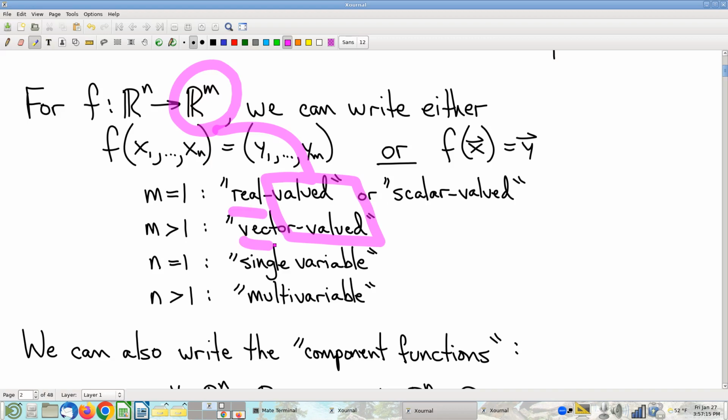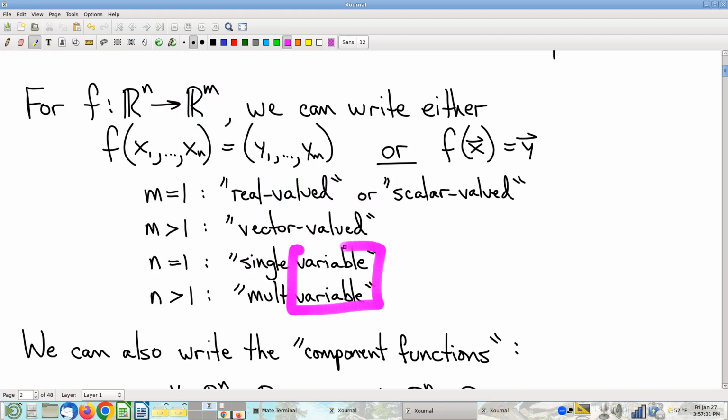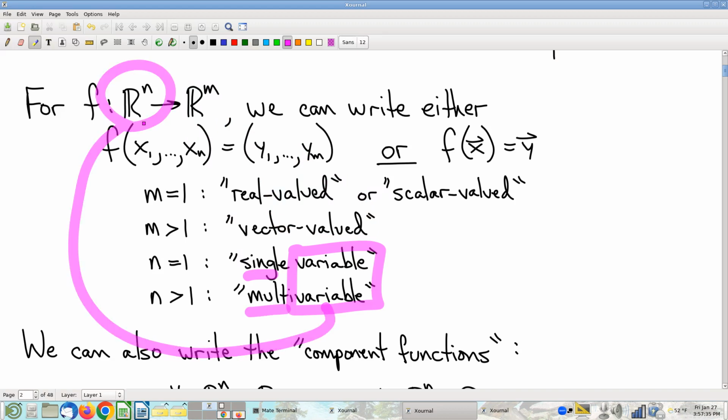Real valued means there's only one number that comes out, namely the output is a single real number. If there's multiple numbers that come out, aka it's a vector that comes out, then it's a vector valued function. And then likewise, single variable and multivariable are talking about how many input variables there are, whether it's one input variable, single variable, or multiple input variables, multivariable.